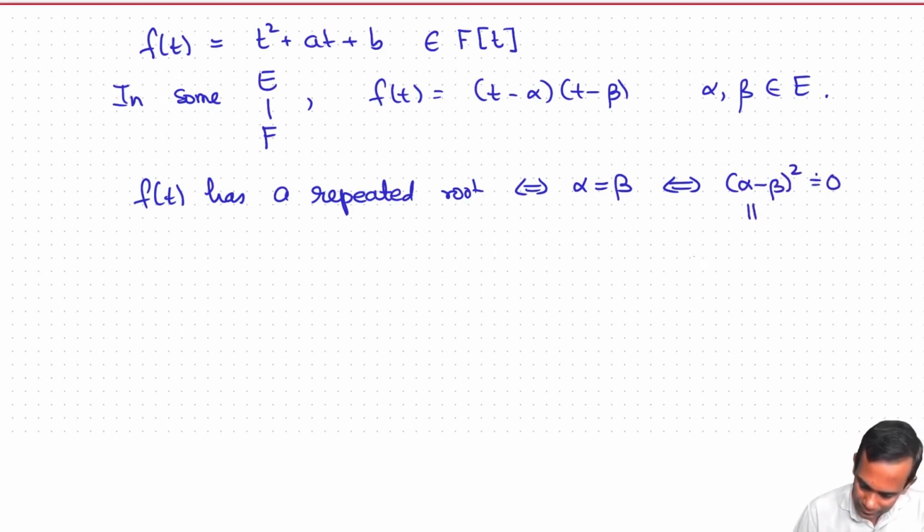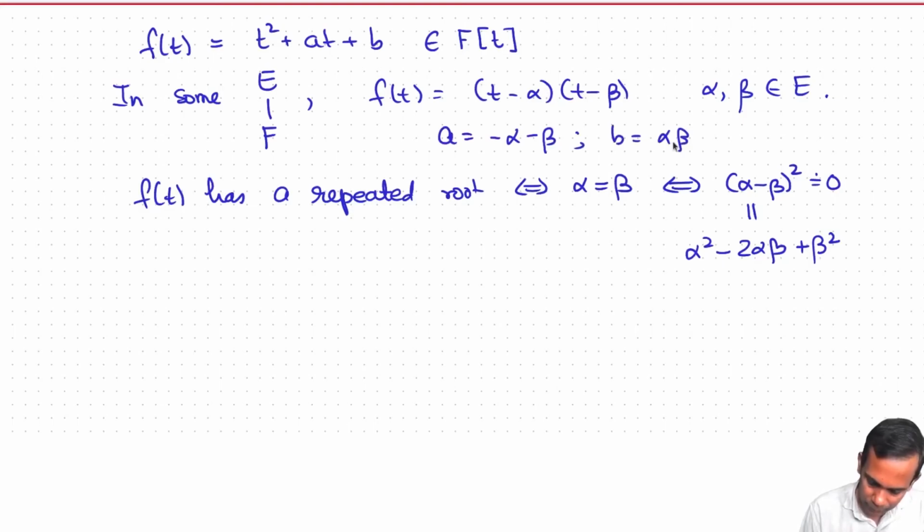But this can be written as alpha squared minus 2 alpha beta plus beta squared. Now note that if we compare t minus alpha and t minus beta with t squared plus at plus b, what we get is that a is minus alpha minus beta and b is alpha beta.